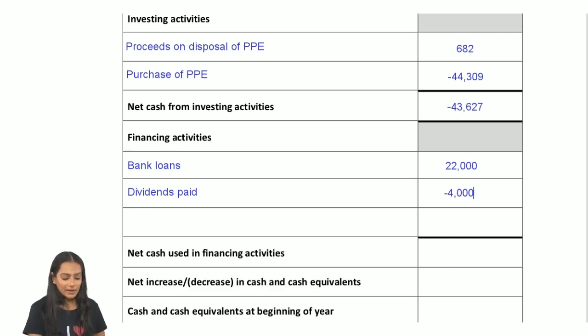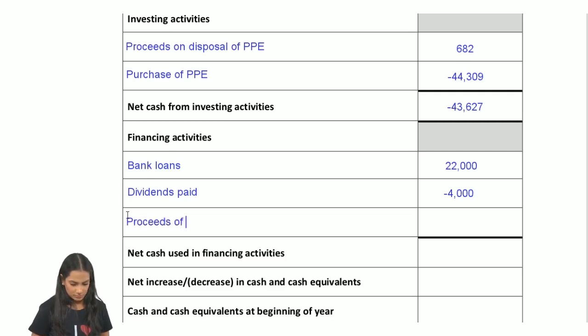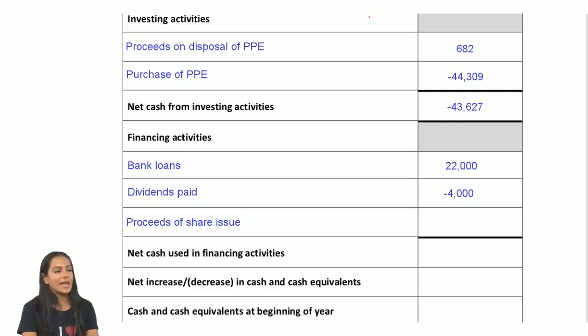And the final line in the financing activities will be the proceeds of share issue. To identify how much money you've raised from selling shares, you need to look at the opening share capital and share premium balances and compare it to the closing share capital and share premium balances.